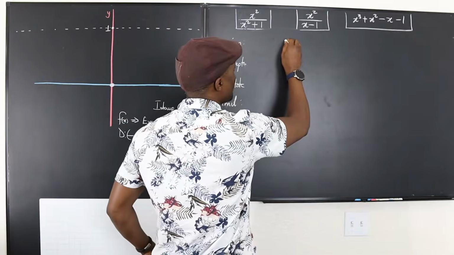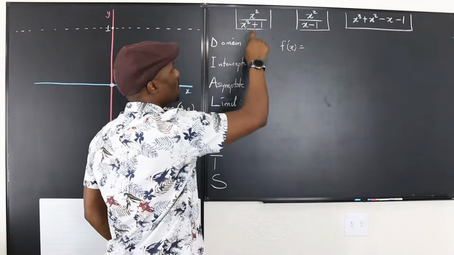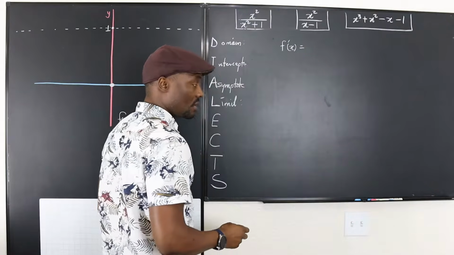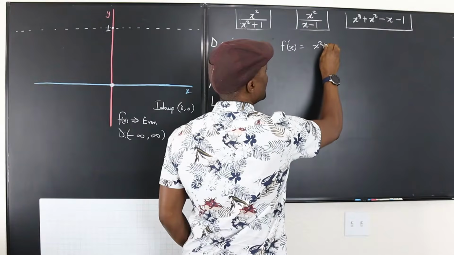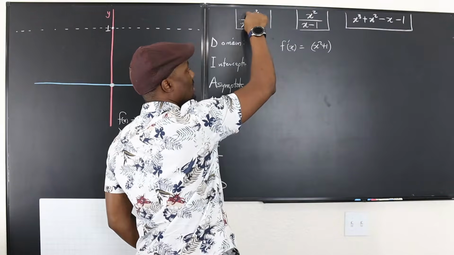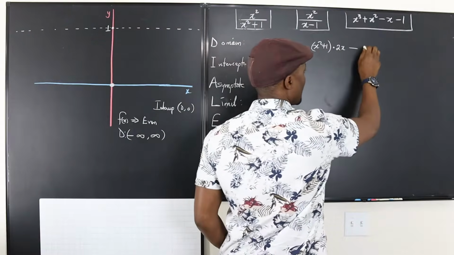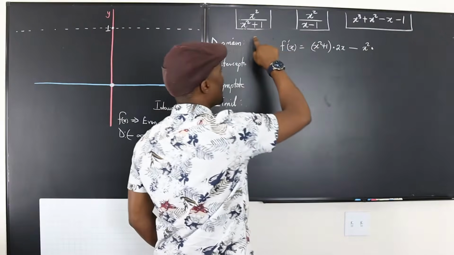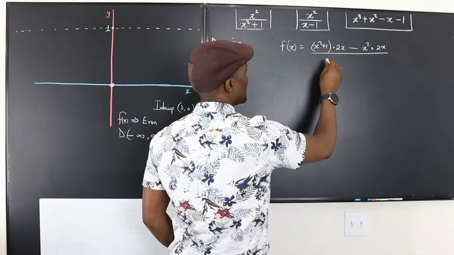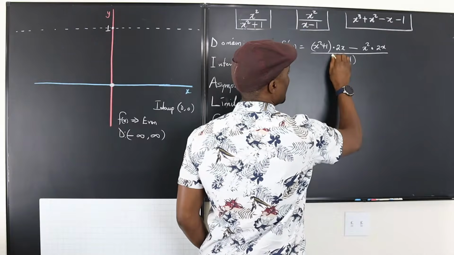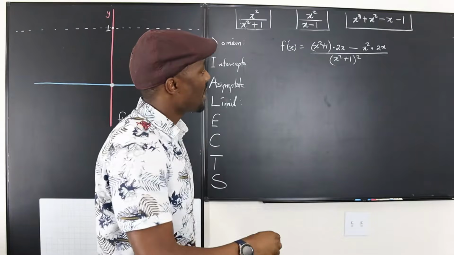So f prime of x will be equal to, we differentiate this function using the quotient rule, which is x squared plus 1 times 2x, minus you keep this x squared and multiply it by the derivative of x squared plus 1, that's 2x, all divided by x squared plus 1 squared. So that's the quotient rule, okay?